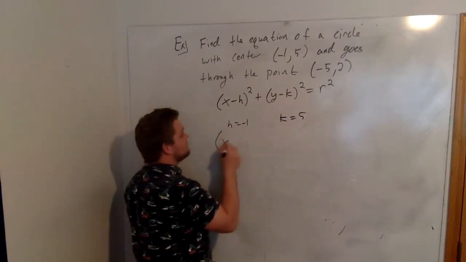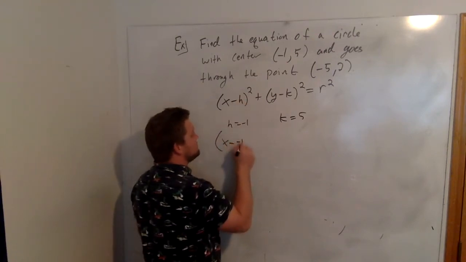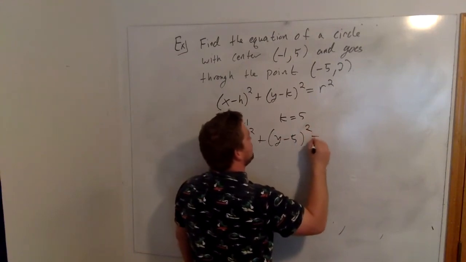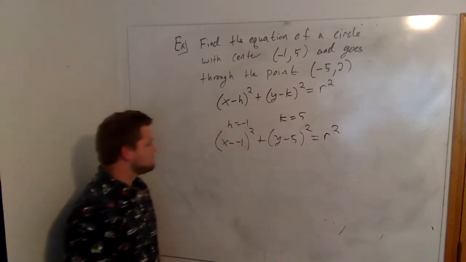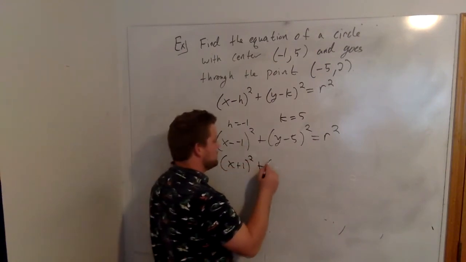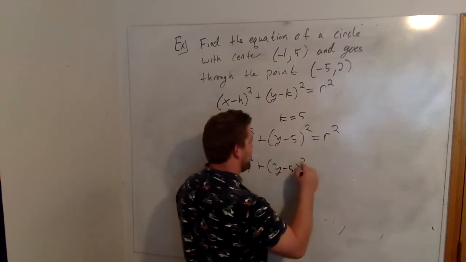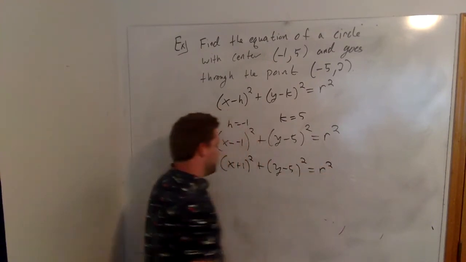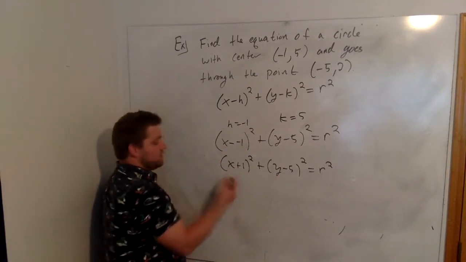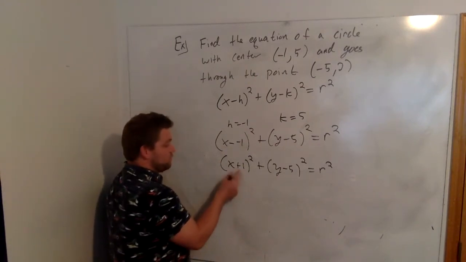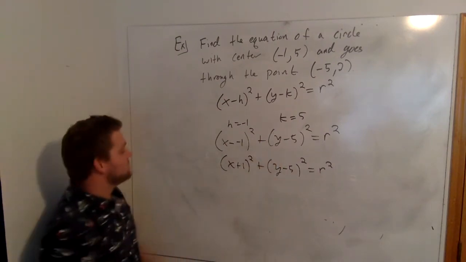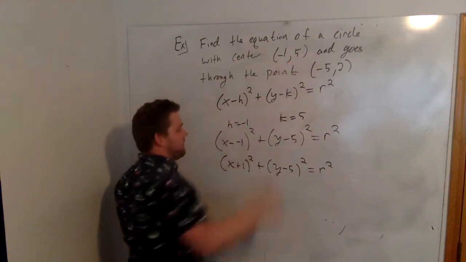So we'll have (x minus -1) squared plus (y minus 5) squared equals the radius squared, which is just (x plus 1) squared plus (y minus 5) squared equals r squared. This says we have a circle of radius r, and if it was at the origin, we shifted it left 1 unit and up 5 units, so it's not a surprise that its center is at (-1, 5).